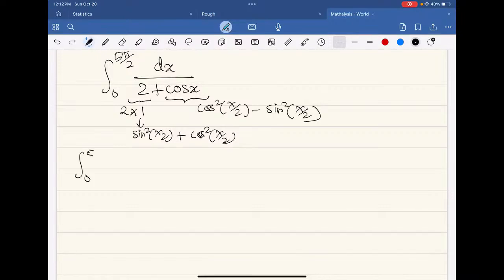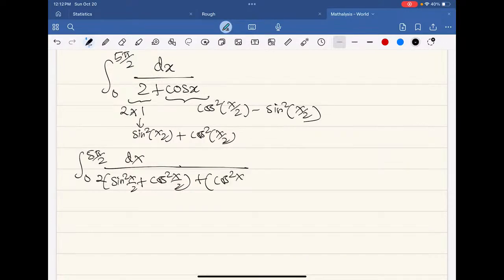Integral from 0 to 5 pi by 2 of dx by 2 times sin square x by 2 plus cos square x by 2, plus cos x, which is cos square x by 2 minus sin square x by 2, right?